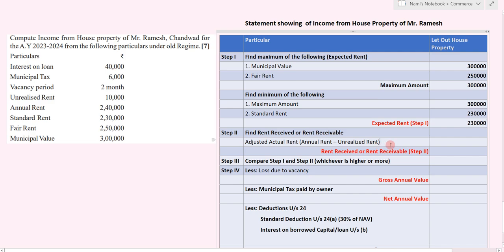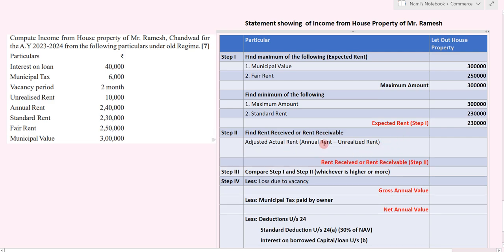Now see here, how much is the annual rent? Annual rent is 2,40,000. Annual rent means for one year the rent was 2,40,000. From 2,40,000 we take annual rent less unrealized rent. The unrealized rent is 10,000.